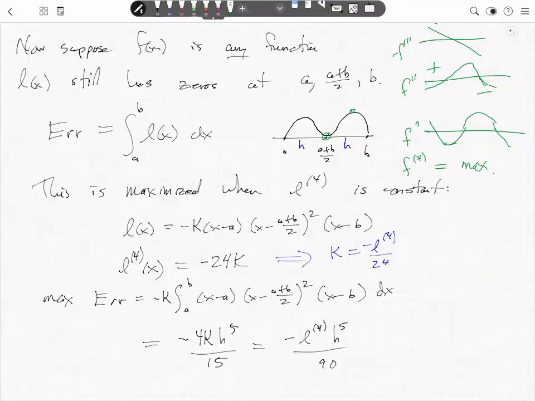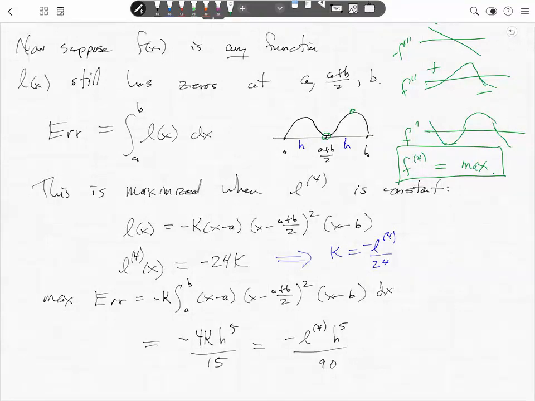So that's how we increase the curvature and ultimately increase the area under this curve, by assuming that the fourth derivative is always maximal. Once again, if the fourth derivative of a function is always maximal, then it must be a polynomial. If the fourth derivative is constant, it must have been a fourth degree polynomial.